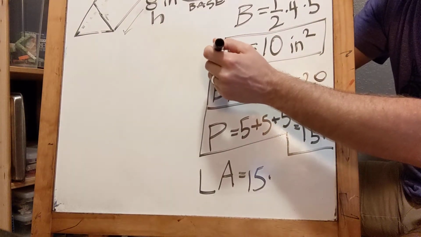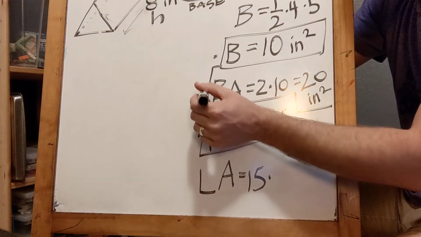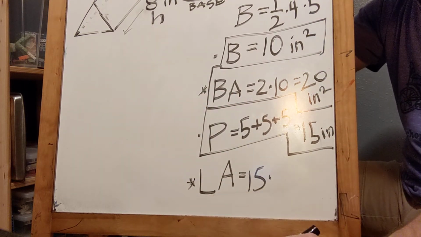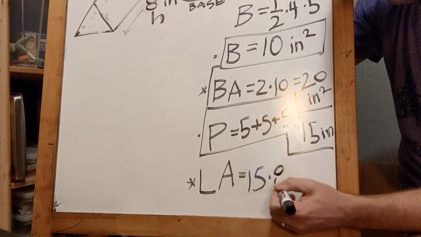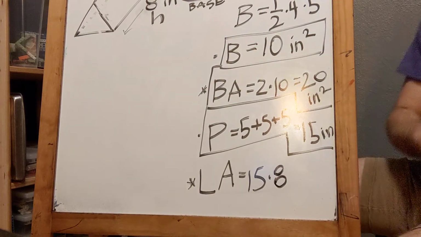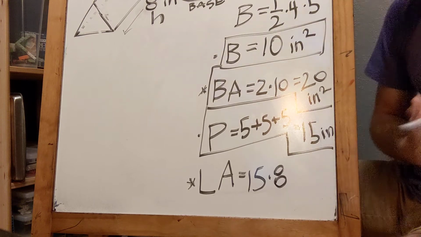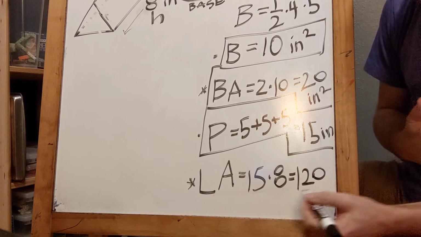Here and here, I'm using stuff about the base. Here and here, I'm looking at things that are about the figure. So 15 times 8. Put my calculator here. So 15 times 8 is 120. So that's the lateral area.